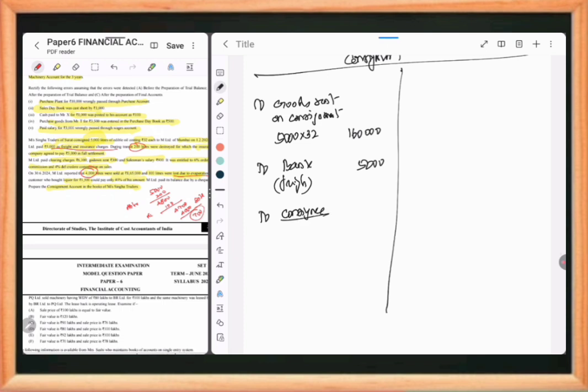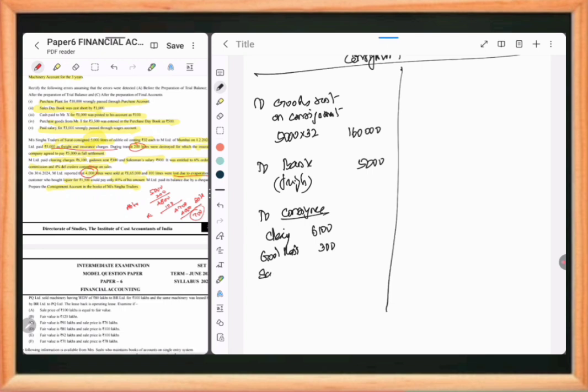So clearing charges 6,100, and then godown rent, that is 300 rupees, and then salesman salary, that is 900 rupees. So 6,100 plus 300 plus 900, so 7,300 rupees spent by the consignee.